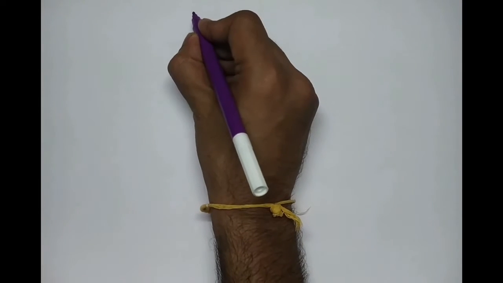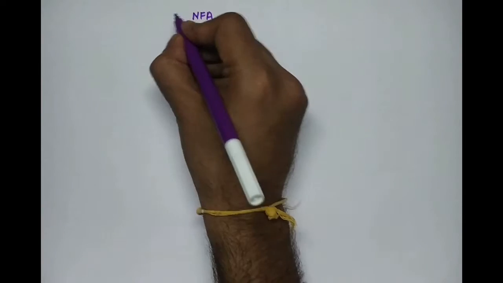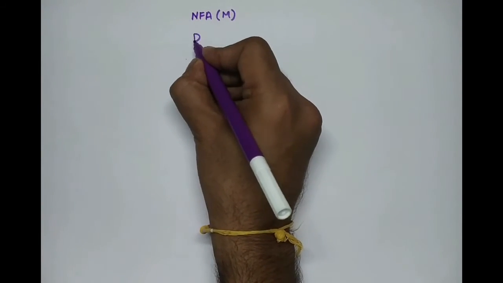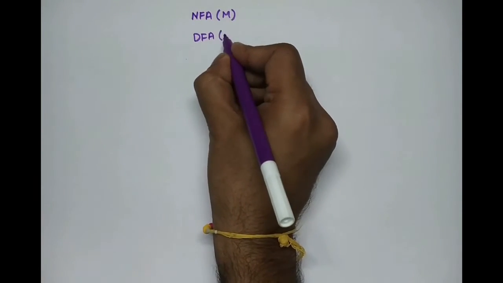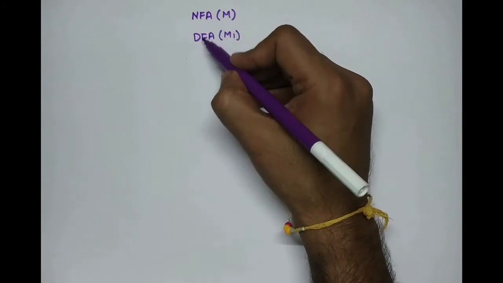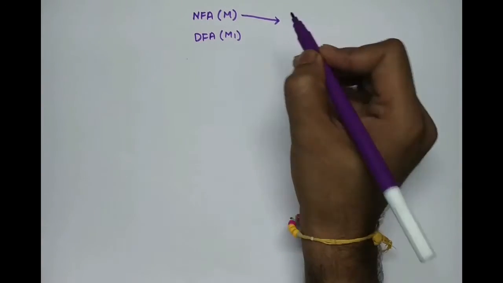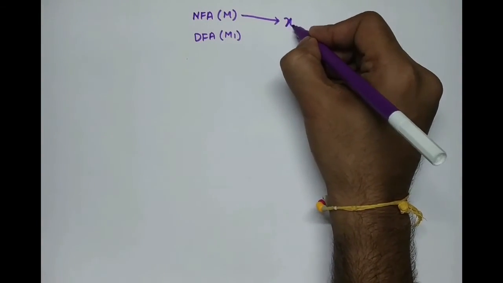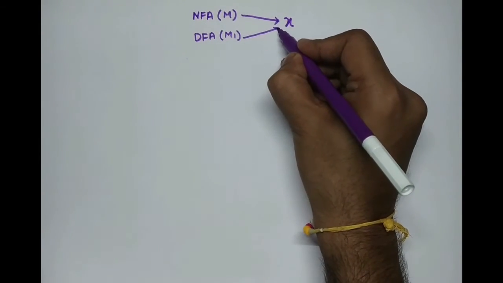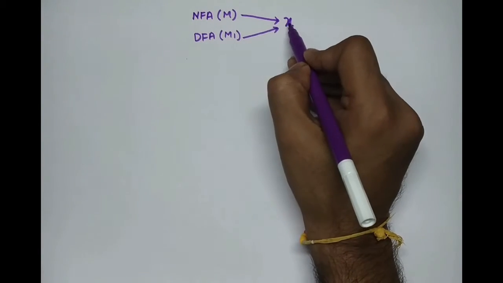I can say that if M is the NFA and if M1 is the resultant DFA, then NFA and DFA are equivalent if all the strings x that are accepted by NFA are also accepted by DFA, and all those strings x which are rejected by NFA are also rejected by DFA.